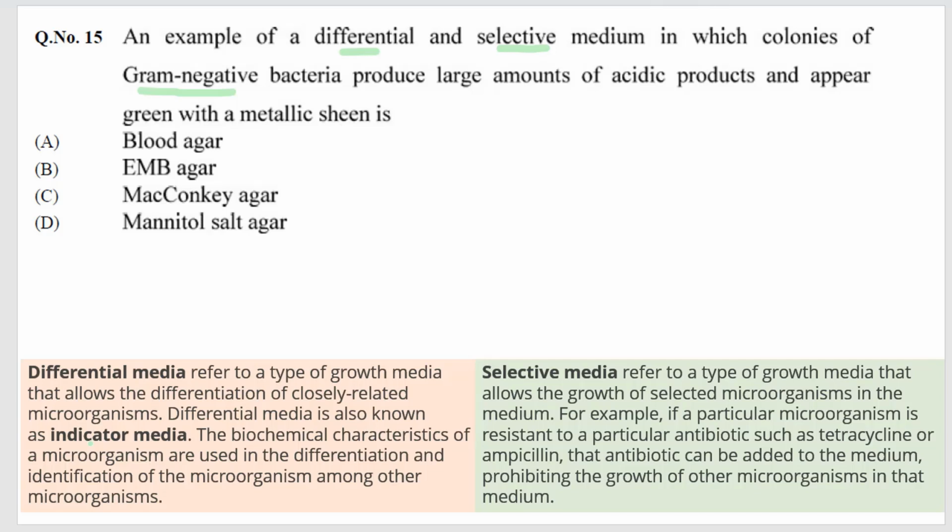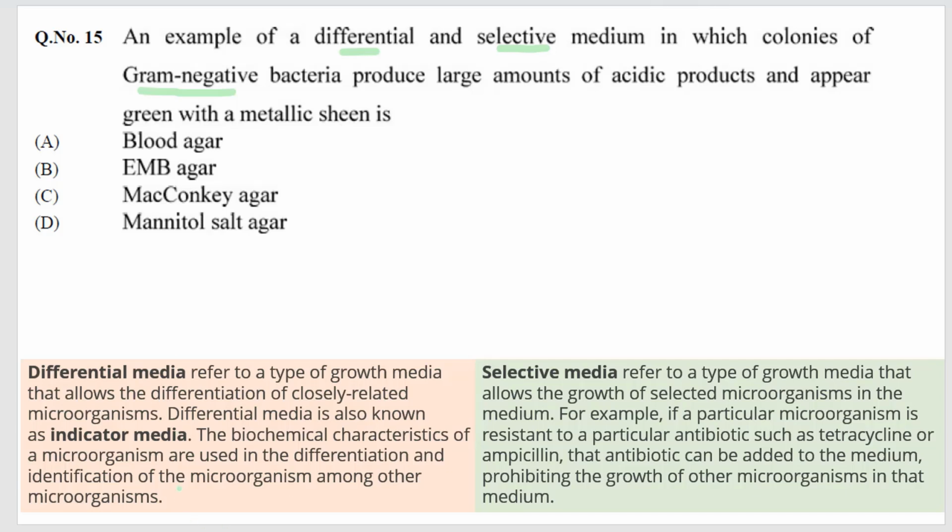They are also known as indicator media, and they rely on some biochemical characteristics of an organism, which can be differentiated and used to identify that particular microorganism from a group of other microorganisms.